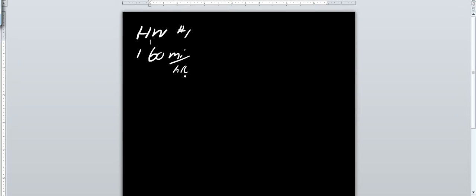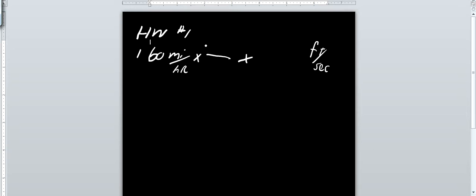How many feet per second? So our end result down here is going to be feet per second. So we're going to have two conversion factors, one converting miles to feet and another converting hours to seconds.